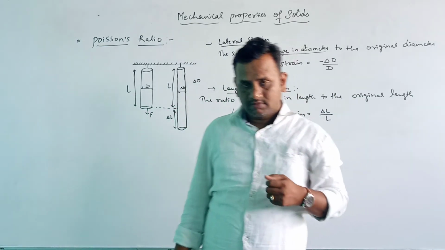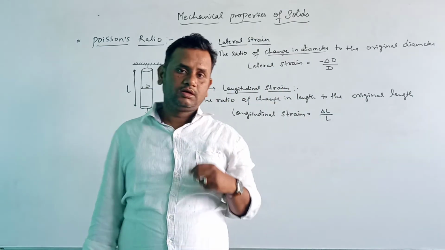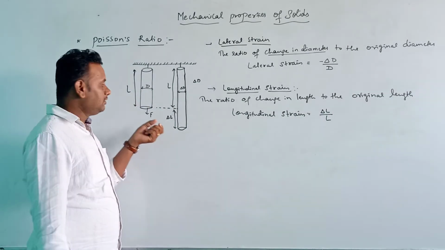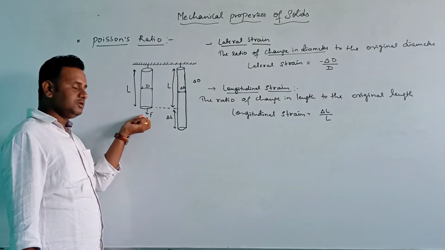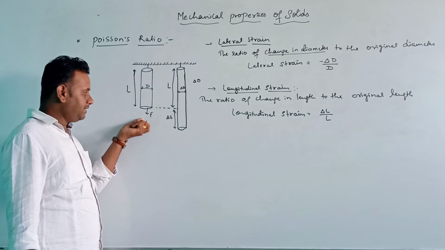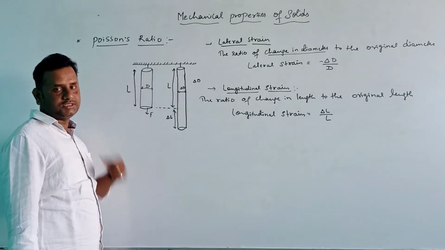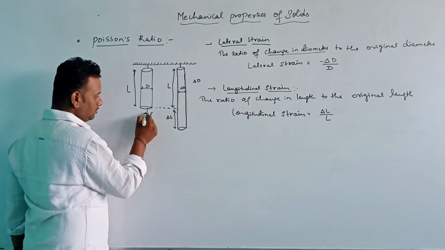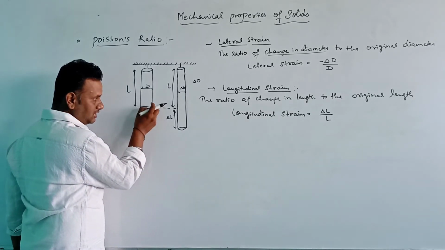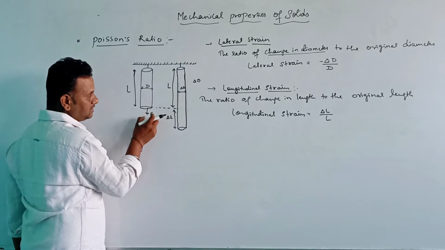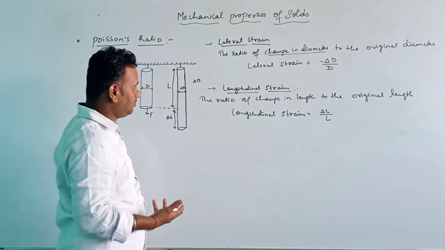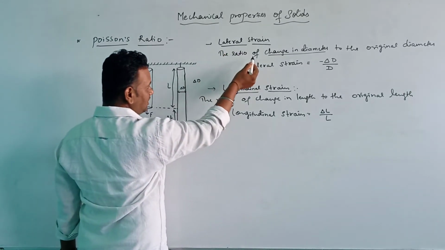These are the two strains produced in the metallic bar by stretching it with a force. One is lateral strain.